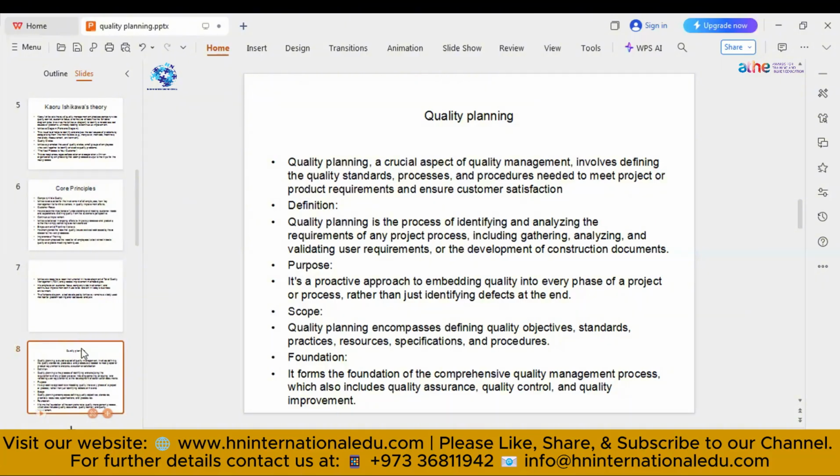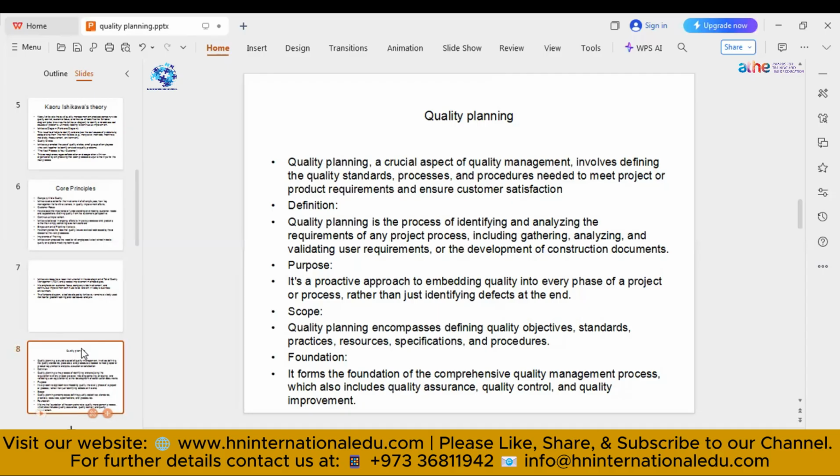Before making the product, you should try to do quality planning. It should meet the quality standards. Scope: quality planning encompasses defining quality objectives, standards, practices, resources, specifications, and procedures.